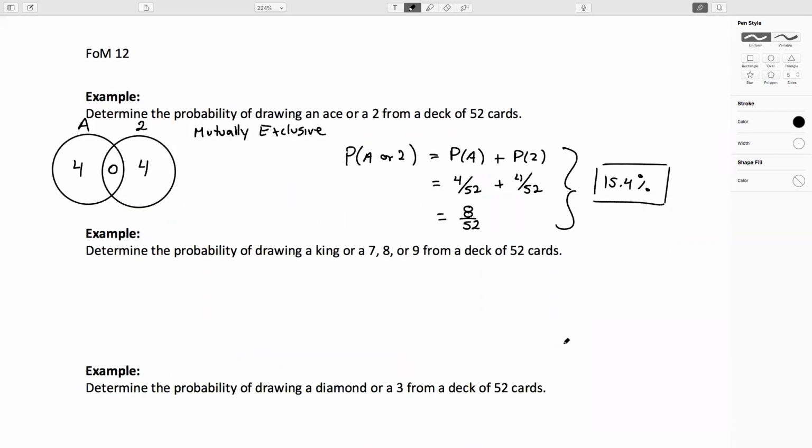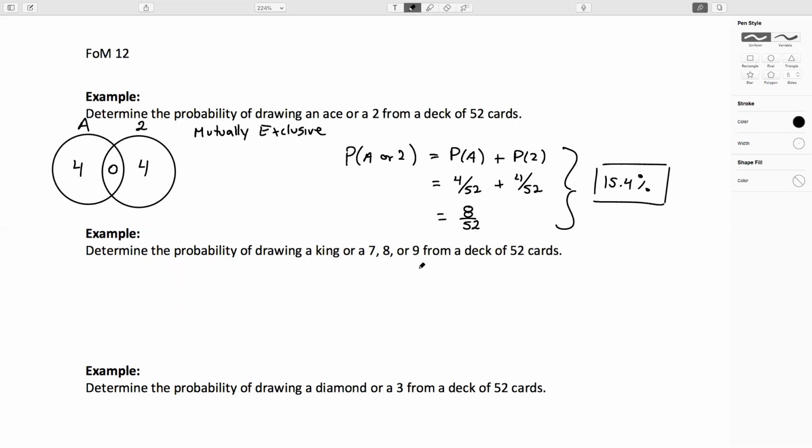All right, let's talk about the probability of drawing a king, a 7, an 8, or a 9. Now, this one's not going to be as convenient to do the Venn diagram for, because we would have to draw a circle for each of these and have them all overlap, and it's going to get kind of confusing. So we've got to think about this question and frame it before we start the problem. The win conditions here are drawing a king, 7, 8, or 9.